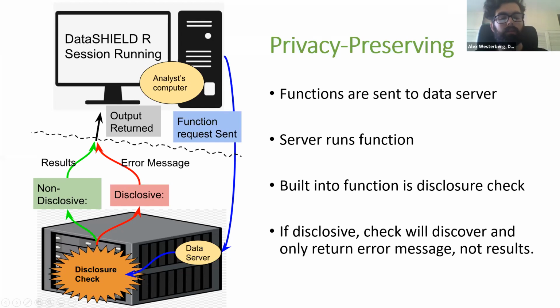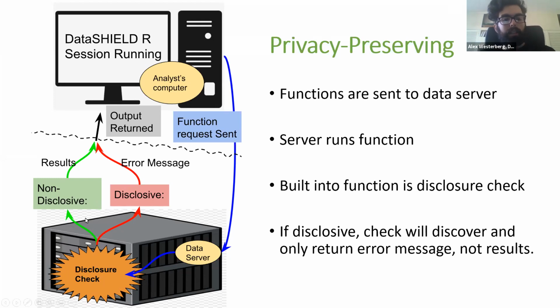But another important stage before it comes back to you is the disclosure check. Every single statistical function we have in DataSHIELD has a disclosure check, which checks if you are doing something that will reveal individual level data or results that you shouldn't have access to.